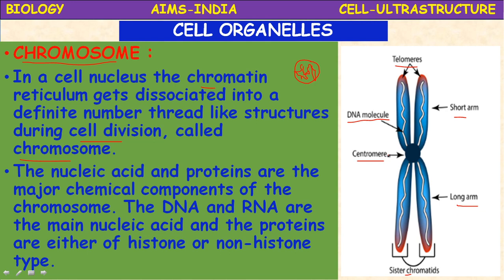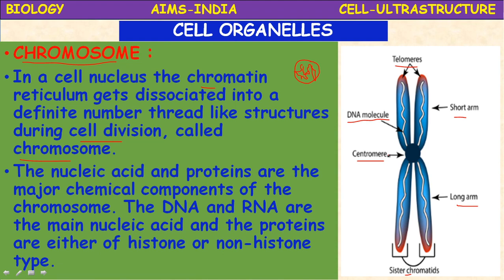DNA means deoxyribose nucleic acid, and RNA, the ribose nucleic acid. These are the main nucleic acids, and the proteins are either of histone or non-histone type. Okay, histone proteins or non-histone proteins are present in the chromosomes.